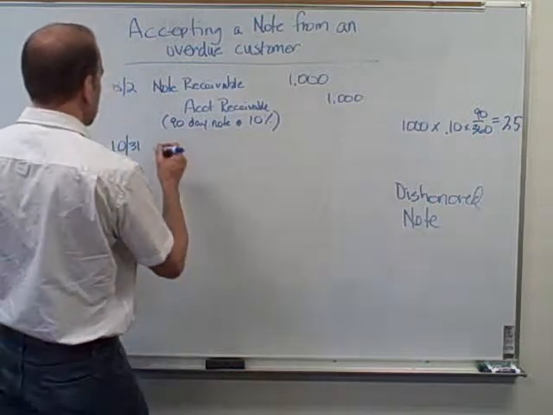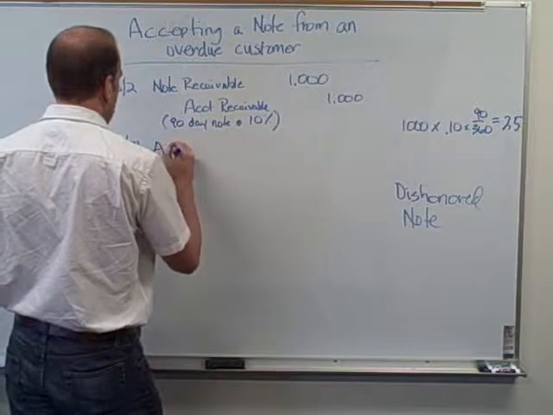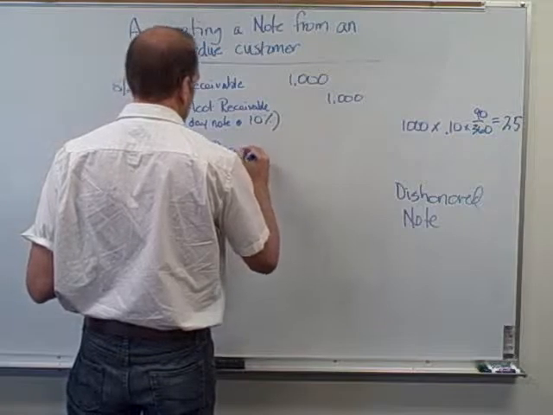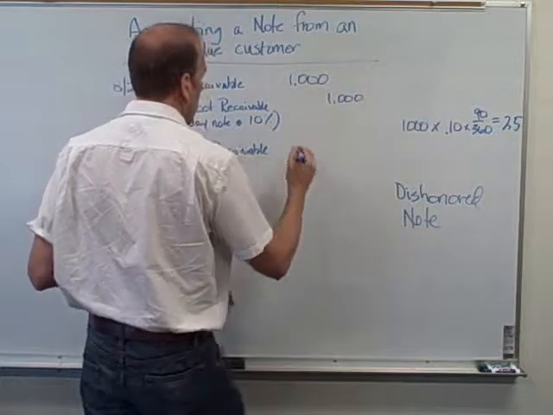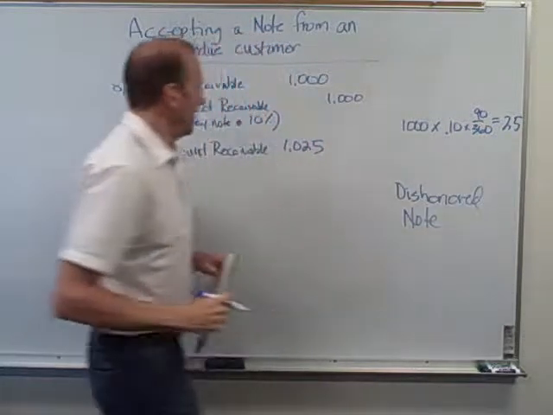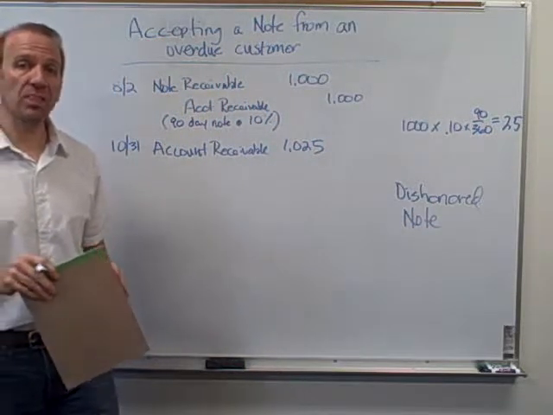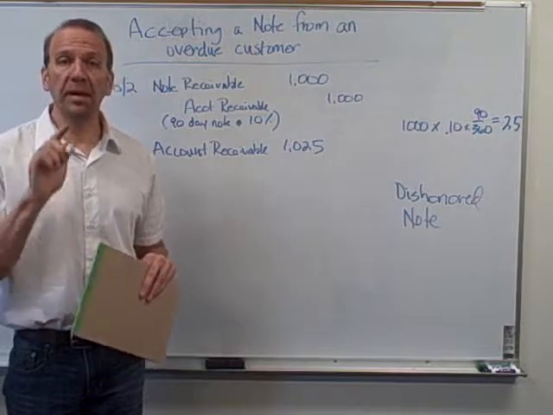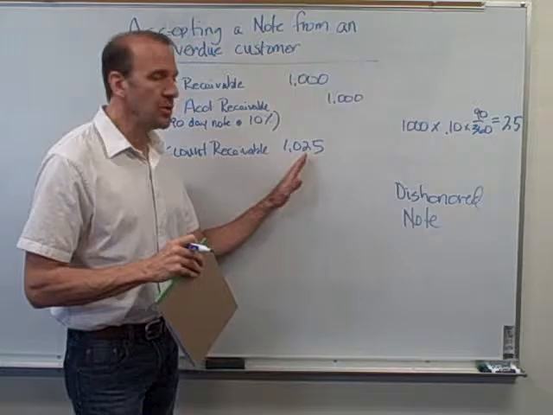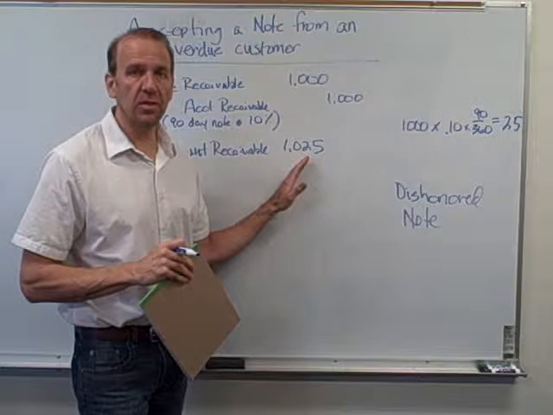All right? So to put it back into accounts receivable, we're going to debit our account receivable for, now notice here, this is different. We're going to debit accounts receivable for $1,025 because they owe us the interest now. So that's why we added the interest to this receivable.